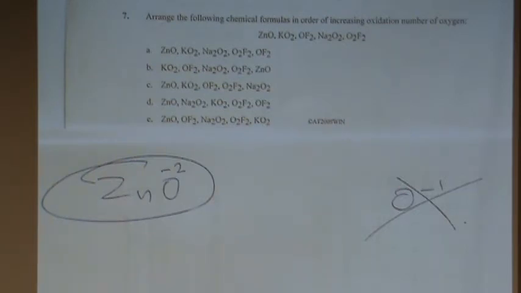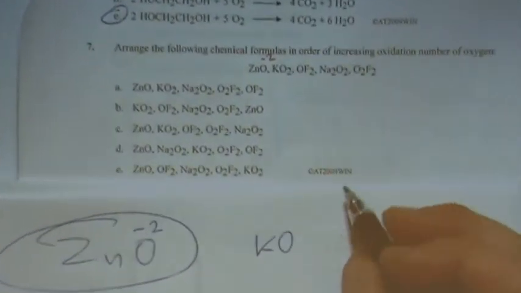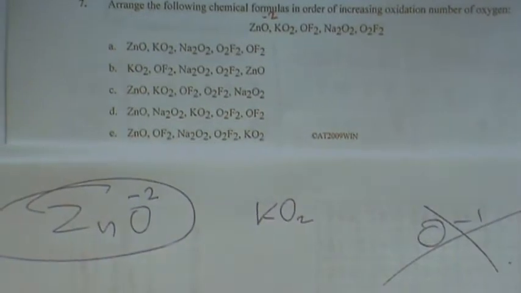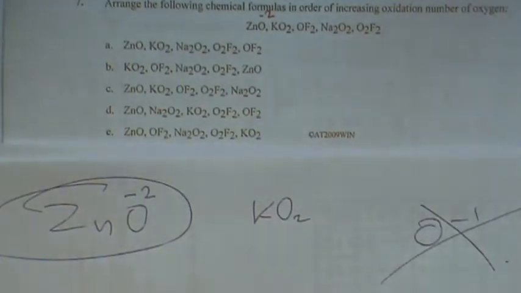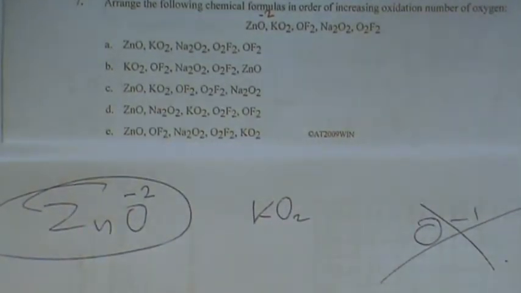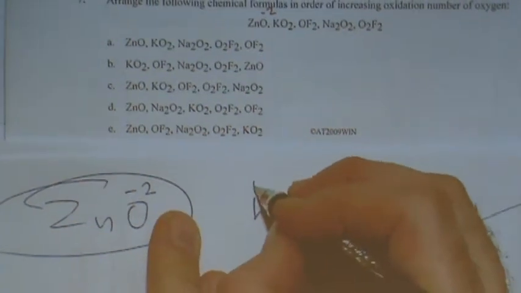How about the other one? So minus 2 here. How about potassium? Oh, that kind of thing is called superoxide. Pretty weird stuff. Potassium superoxide. In this case, it's very difficult because potassium is always, it's an ionic compound, the whole thing is 0. And potassium is always what? Plus 1.